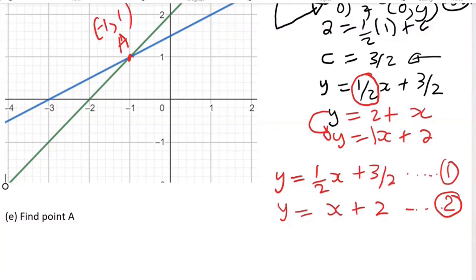When we are eliminating, you need to eliminate one variable. Here you've got two variables, x and y. On the two equations, you want to eliminate one. When you are using the elimination method, you need to make sure that the variable you want to eliminate has the same coefficient.